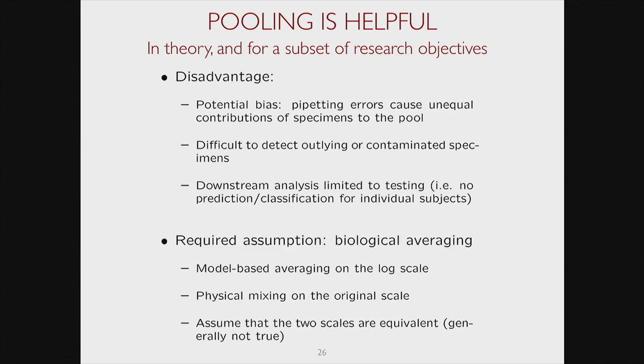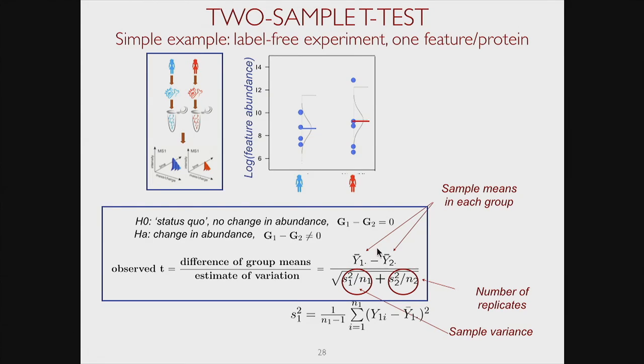So we start with a simple situation where we say, let's assume that in the population, there is no difference between the groups. Let's assume that in the underlying millions of subjects, on average, the proteins do not change in abundance between healthy and disease. And then the alternative would be that, in fact, there is a change in abundance.